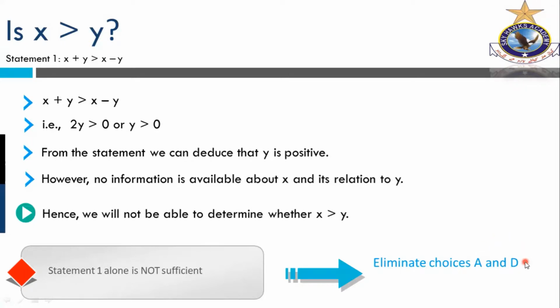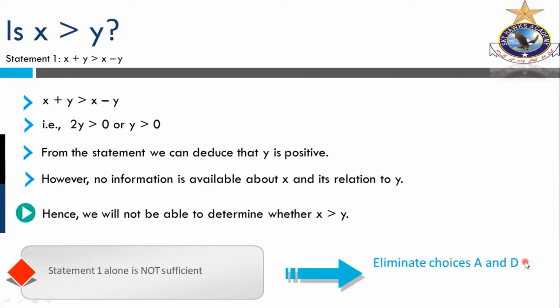Out of the 5 choices, 2 are eliminated. Now we have 3 options: B, that statement 2 alone is sufficient; C, that both statements combined are sufficient; and E, that neither statement 1 nor statement 2 is sufficient.